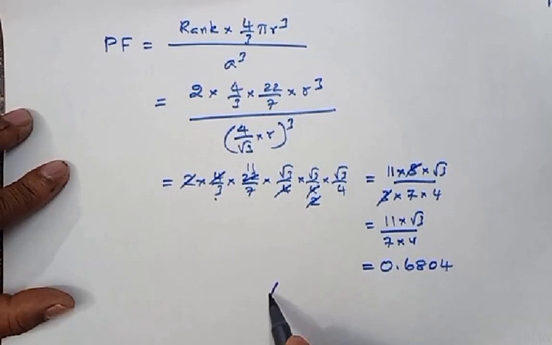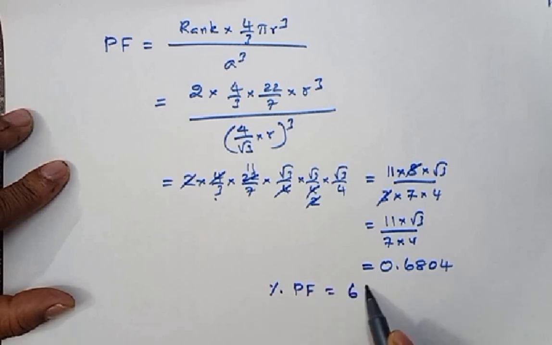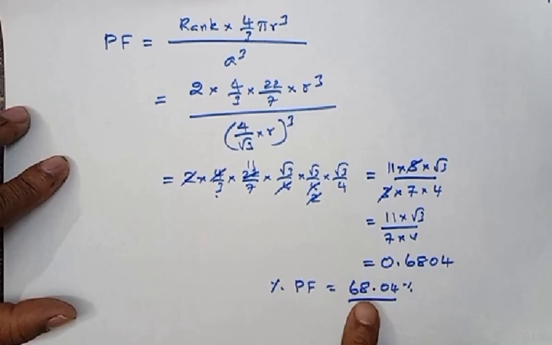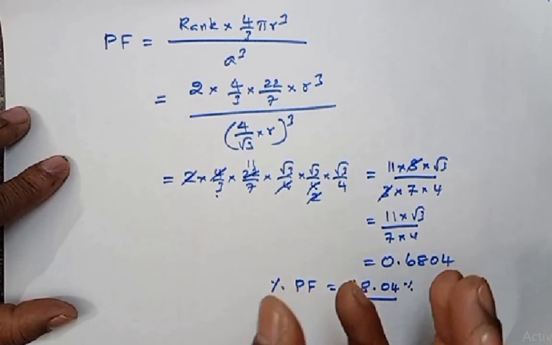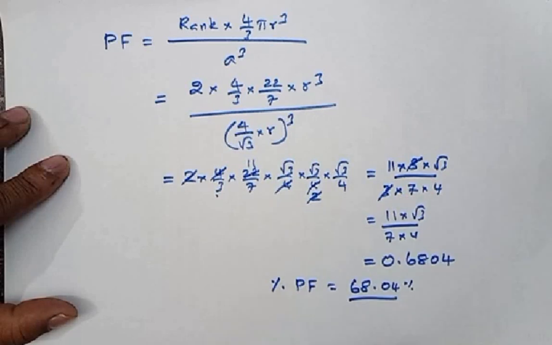What is the percentage packing fraction? Just multiply this by 100, 68.04 percent. 68.04 percent of the unit cell is occupied.